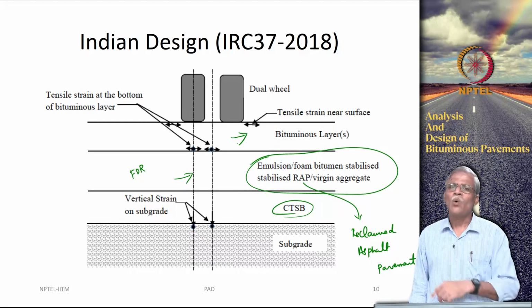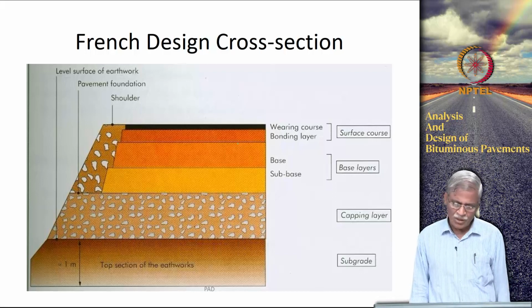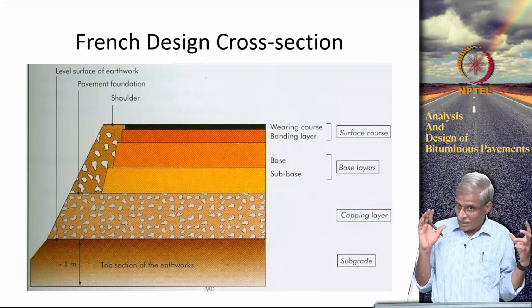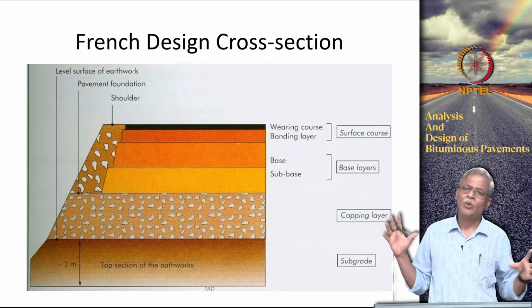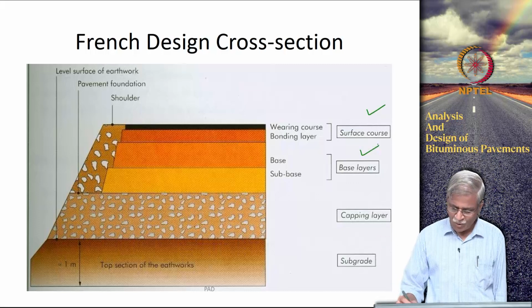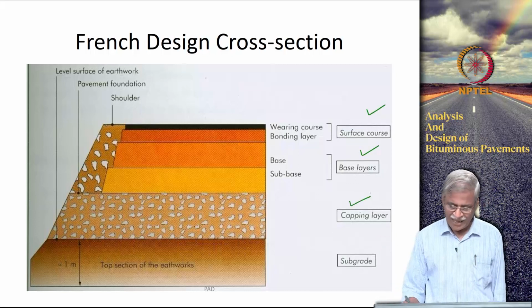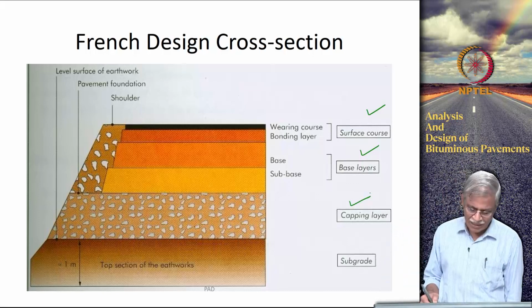We will slightly go out and see what happens to the French cross section. The French cross sections are empirical, and work very well. So, they do not give you much flexibility about what should be used. There is a surface course, there is a base course, and this is called a capping layer. It could be a drainage layer, it could be anything.